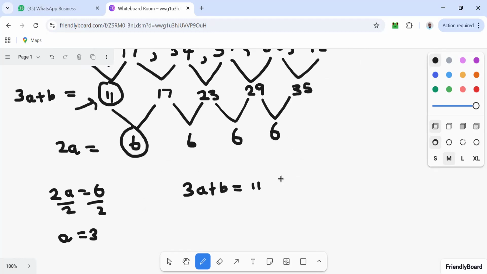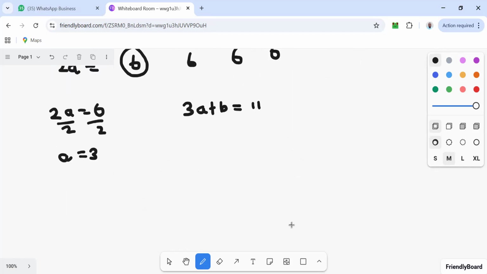All right, we have already found our a, so in the place of a, I'm going to put 3. Then plus b is equal to 11. 3 times 3 is 9.